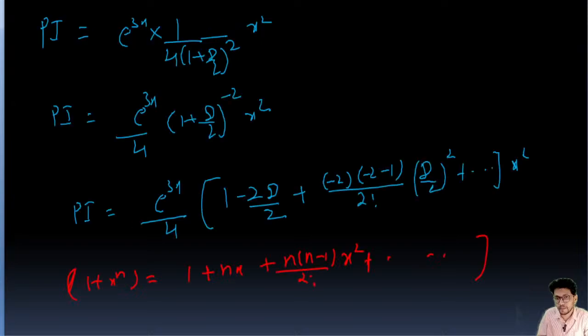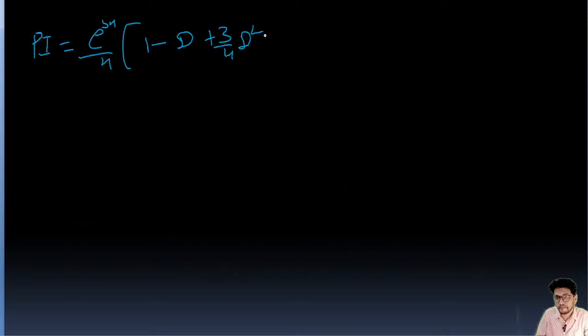Okay, so higher terms we are just not taking, because the polynomial is of x square, right? If we take higher terms like d cube, then the differentiation of x square is going to be 0. So those higher terms are going to be 0 on x square.